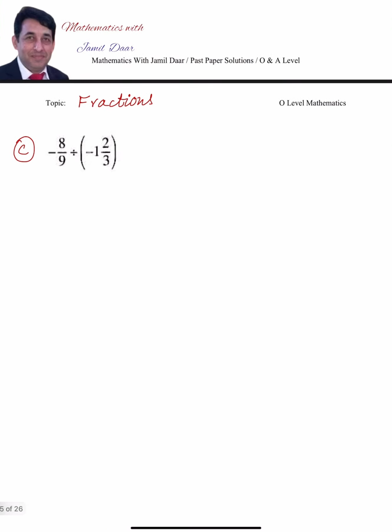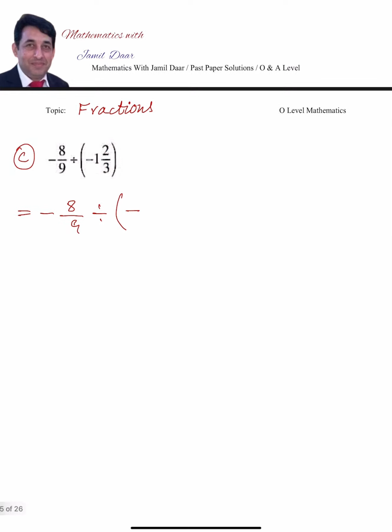where brackets are involved, and what we have to do is first solve inside the bracket. We have to change the mixed numbers into improper fractions first. So this will become minus 8 over 9 divided by bracket minus, so 1 threes are 3, 3 plus 2 is 5.